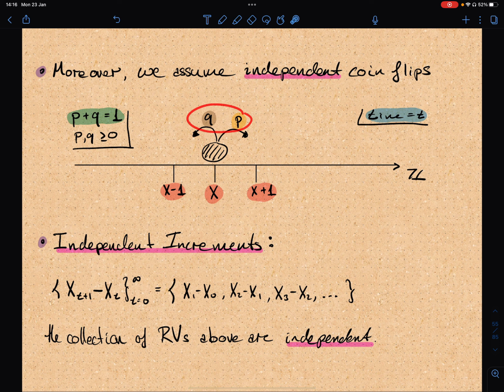So this is going to be independent coin flips. And in particular, this is a place where you can start making things a little bit more sophisticated. Potentially, you could make the bias of the coin depend on time.